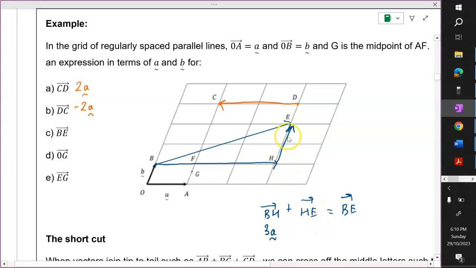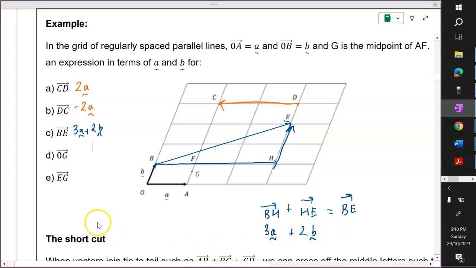HE is in the same direction as our vector B, and we've got 2 of them. So that's 2 lots of vector B. So that's a way that we can write our vector BE. It's 3 vector A's plus 2 vector B's.